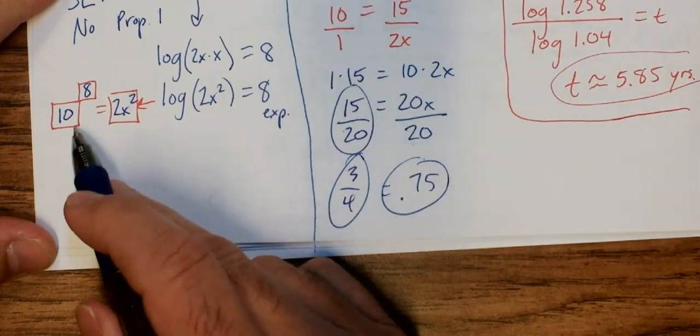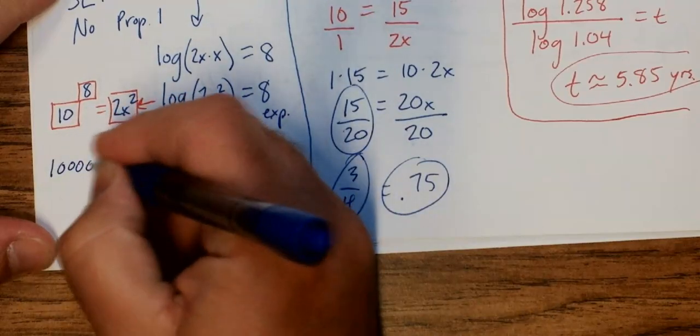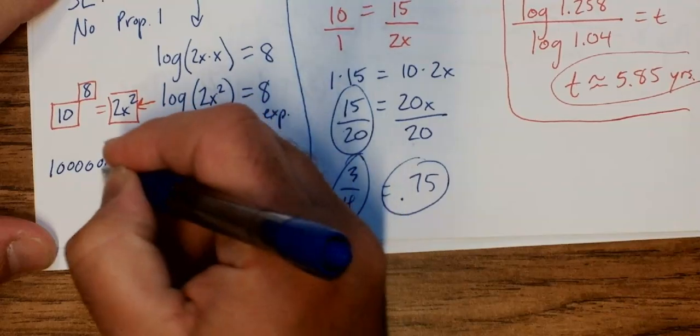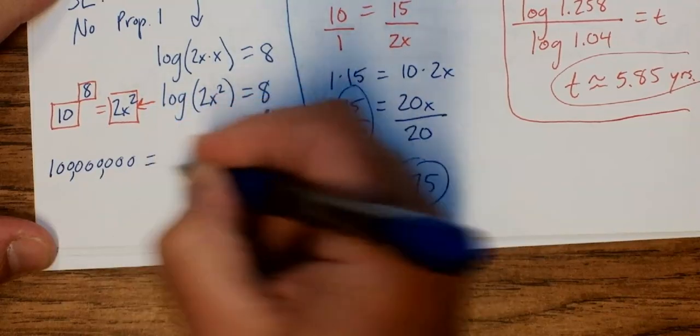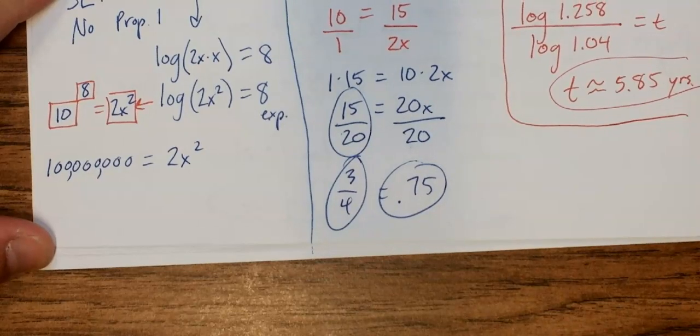So 10 to the 8th power, well, that's a 1 with 8 zeros. 1, 2, 3, 4, 5, 6, 7, 8. So what is that, 100 million? Yes, it's 100 million. So what are we going to do to solve this for x?